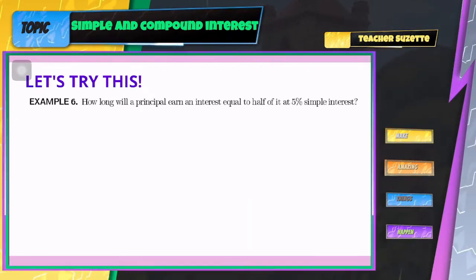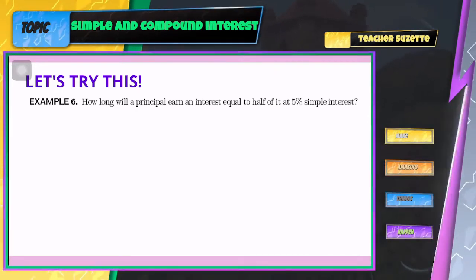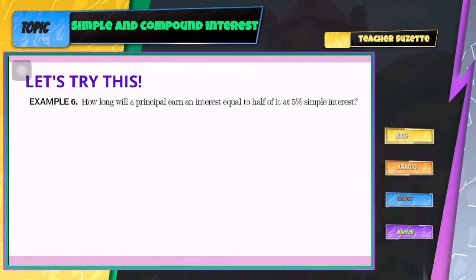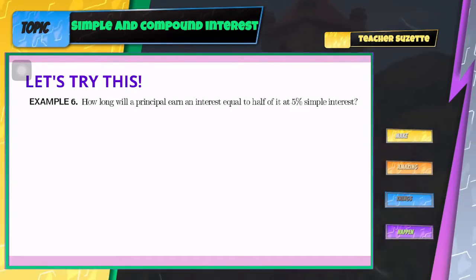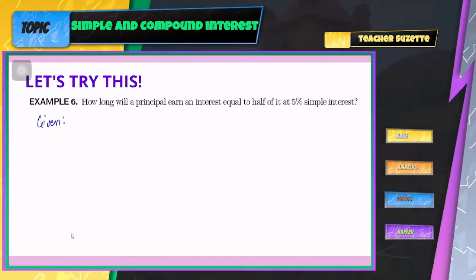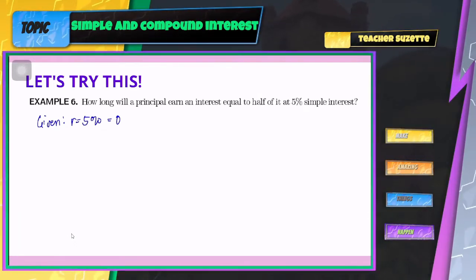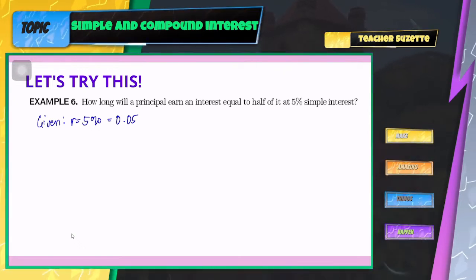How long will a principal earn an interest equal to half of it at 5% simple interest? So for this one, our given, ang obvious lang dito is yung ating 5% rate, which is equal to 0.05 in decimal.